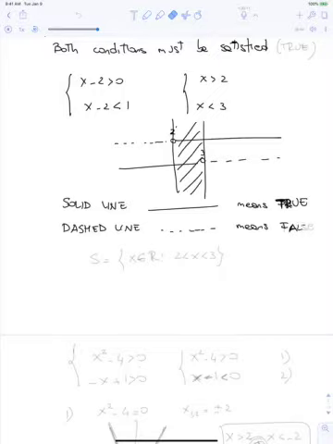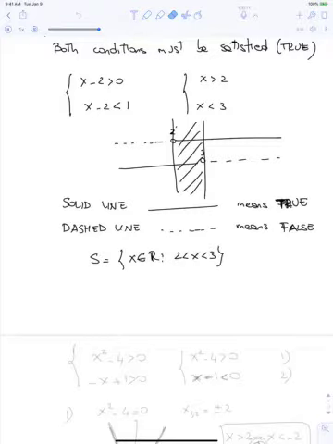So in the system of inequalities, we look at all the intervals where both conditions are satisfied. So again, the solution here is going to be x belonging to the set of real numbers such that 2 is less than x less than 3.